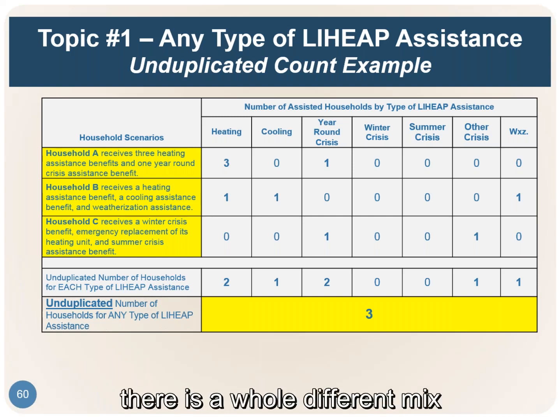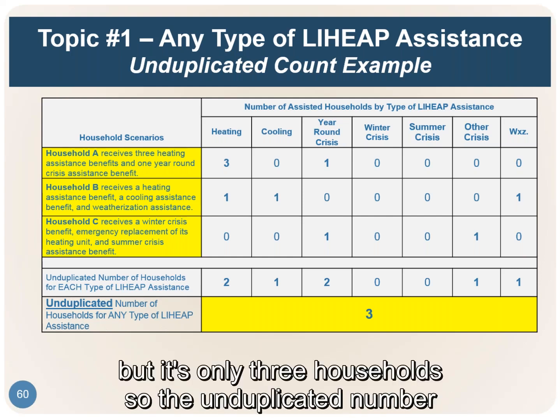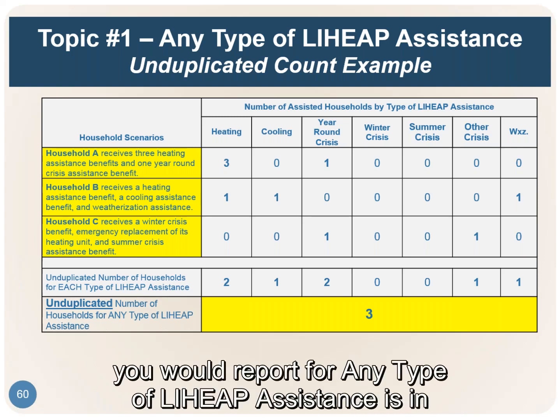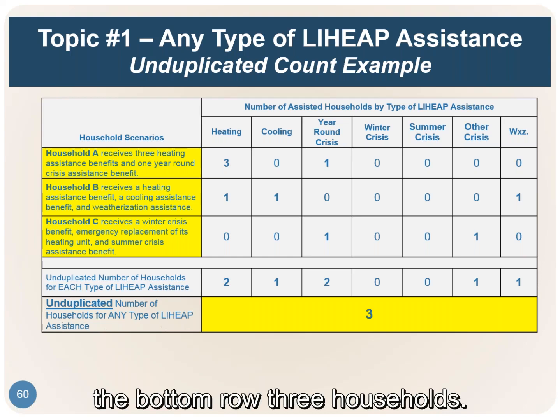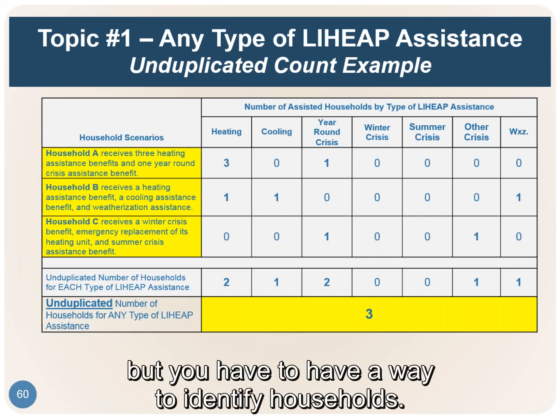There's a whole different mix of assistance types they received, but it's only three households, so the unduplicated number you would report for any type of LIHEAP assistance is in the bottom row, 3 households. So the idea here is you can't add up the columns, but you have to have a way to identify households.